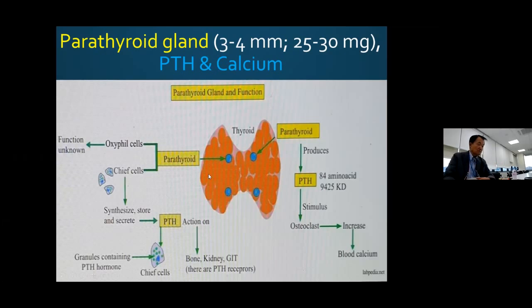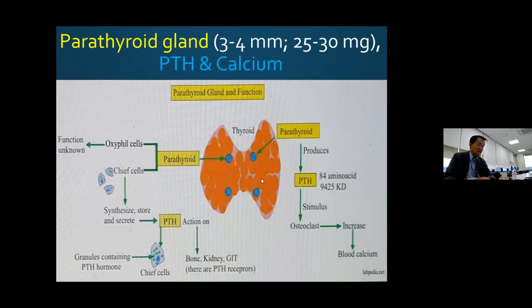Parathyroid diseases, particularly hyperparathyroidism, are increasing worldwide, and the nuclear medicine department offers specific imaging for the surgeons. So I will talk to you more about why.